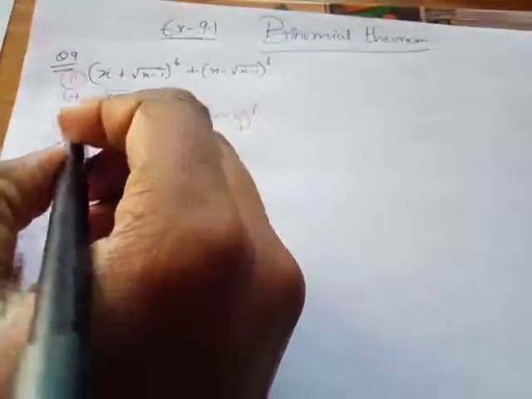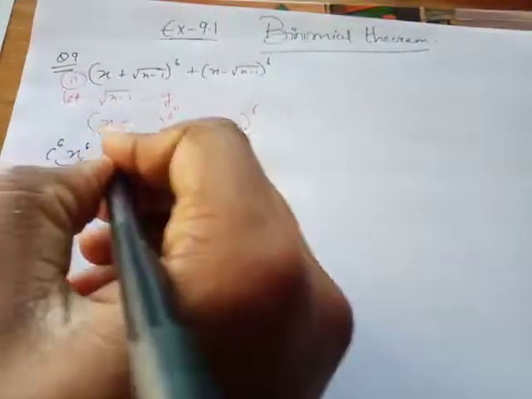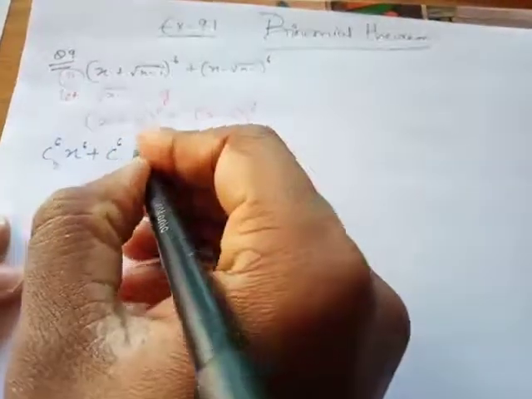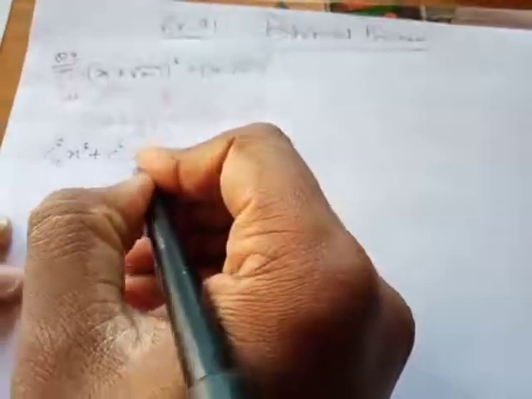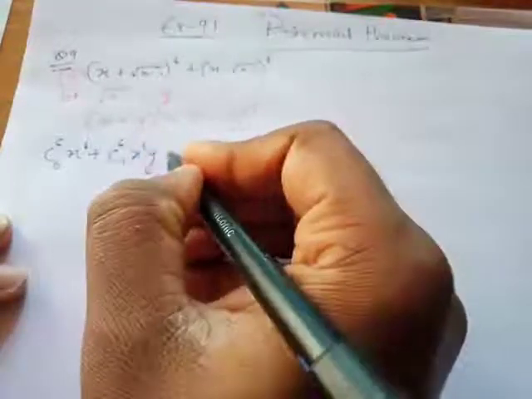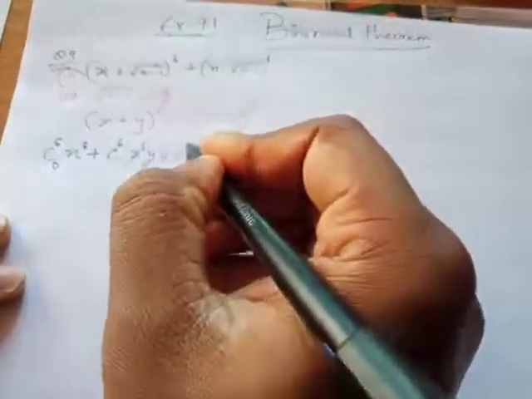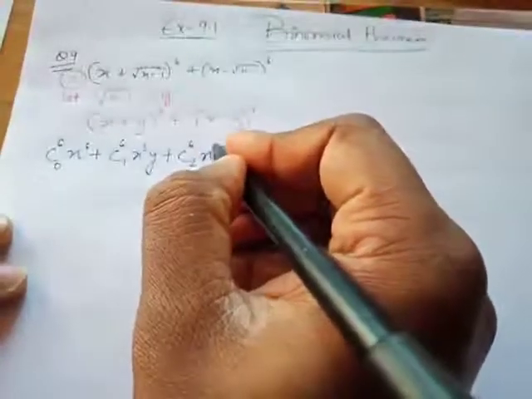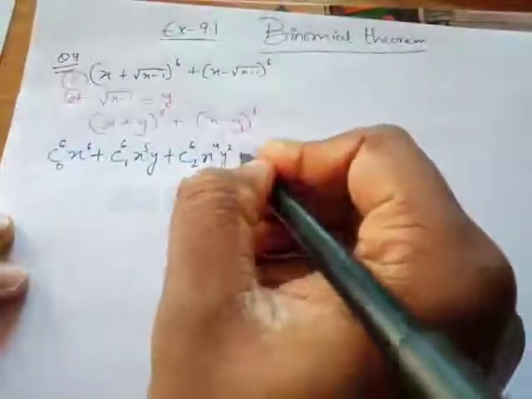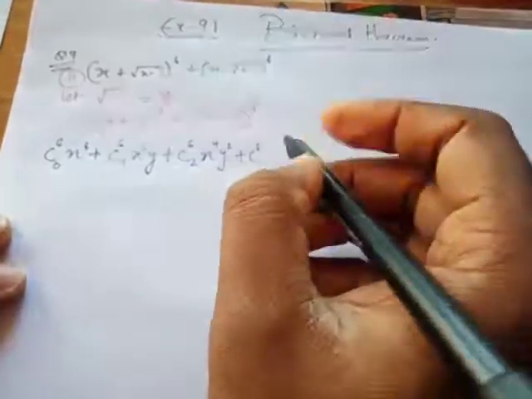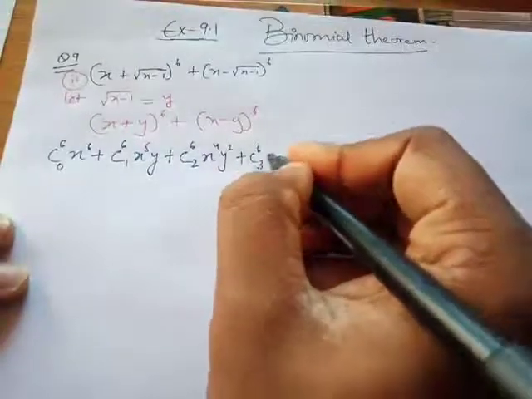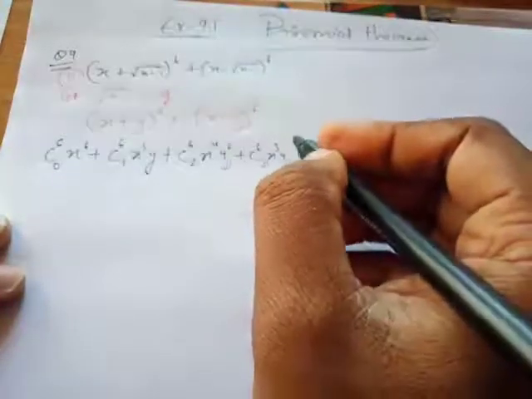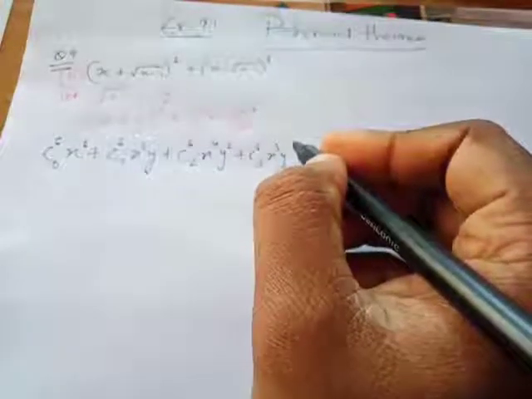C60 x to the power 6 plus C61 x to the power 5 y plus C62 x to the power 4 y2 plus C63 x to the power 3 y, and what's going to be the y power?